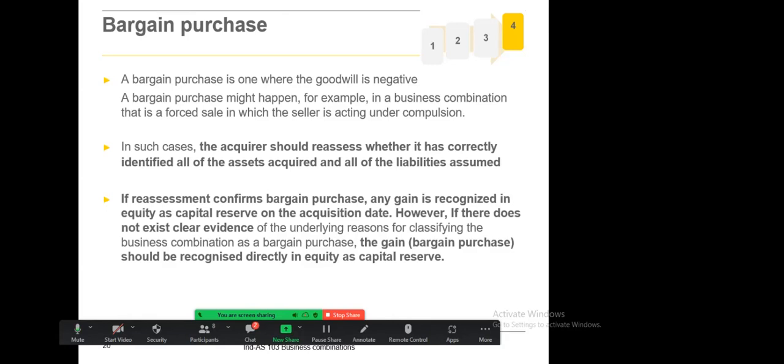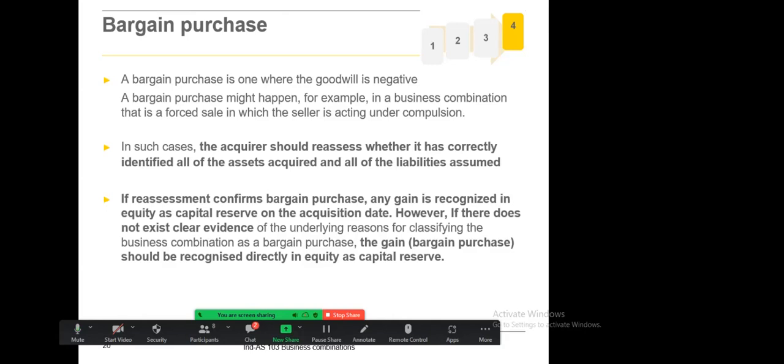In your erstwhile accounting standard, we had the concept of goodwill and capital reserve. But here in Ind AS, we have the concept of goodwill and bargain purchase gain. So when you do not have goodwill, you will get your bargain purchase gain.